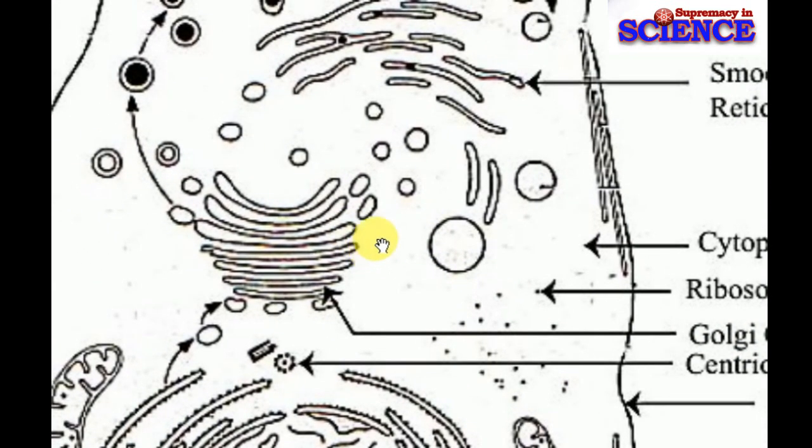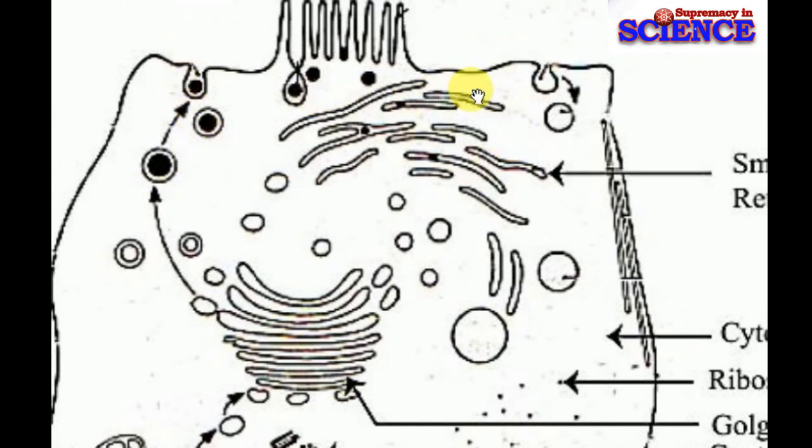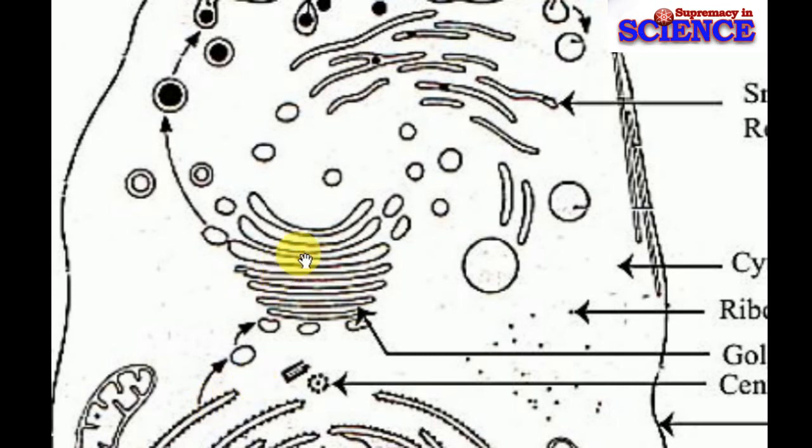This Golgi complex performs the major function of collecting the contents from the other parts of the nucleus or the cytoplasm. They collect the contents and start to synthesize them. That means they produce them according to the pattern and release them to the outside of the cell or inside some parts of the cell. What do you mean by that? For example, assume you are making a cake.